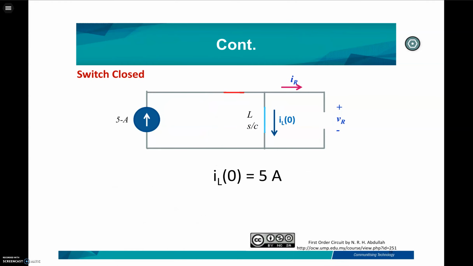Therefore, when the switch is closed, this is the circuit of the L when t is less than 0 or equal to 0. So 5A totally will flow to the L, and then iL naught is 5A.